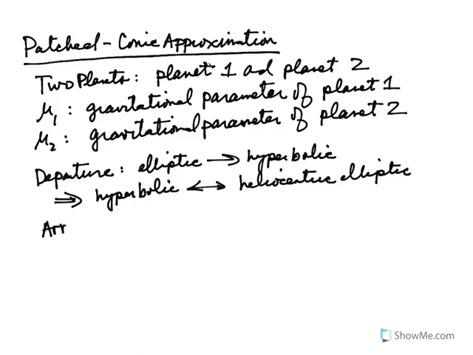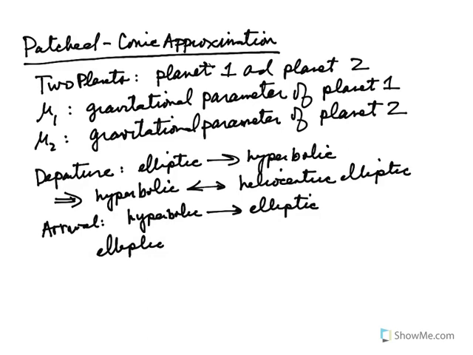On arrival, we're going from hyperbolic to elliptic, so then there has to be a patch, which is we're going to patch the elliptic with the hyperbolic capture. So this is hyperbolic on departure and hyperbolic on arrival.